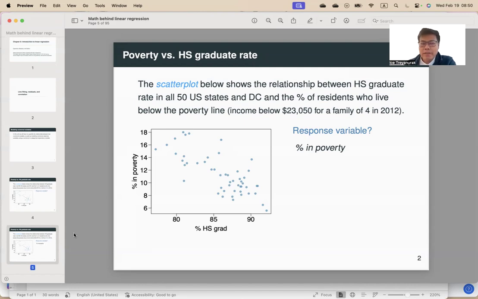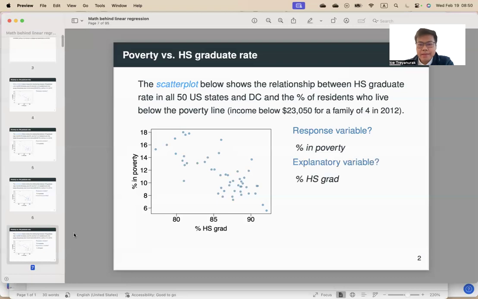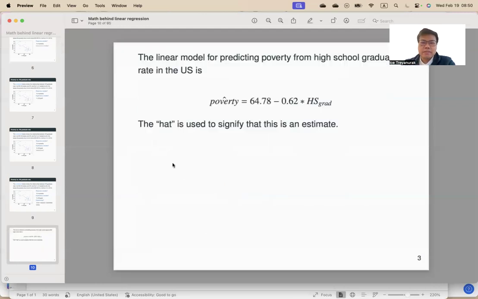And so the response variable or the dependent variable could be poverty, whereas graduation rate is the explanatory variable. So that's just some background information for a scatter plot. And the relationship, we talked about this already. This looks to me like a negative correlation, looks quite linear, and it's moderately strong.